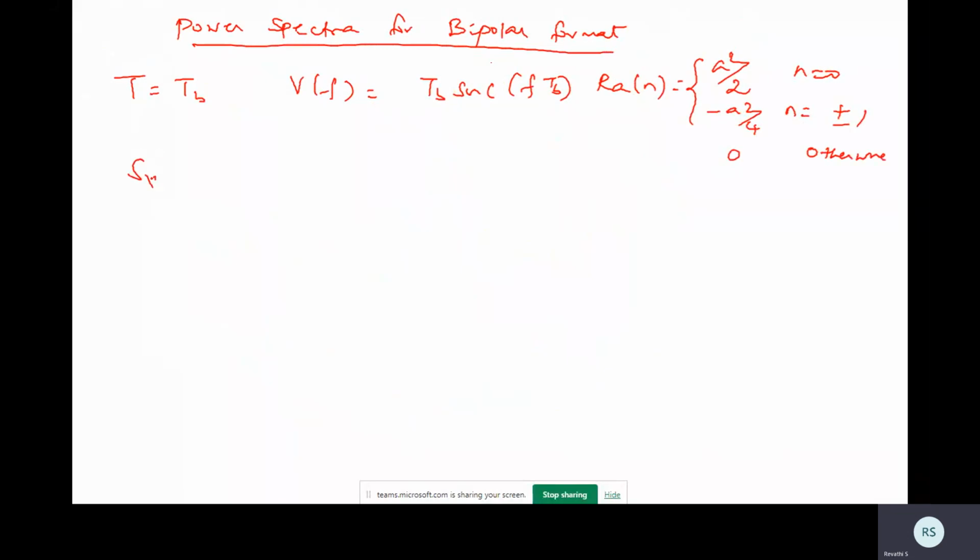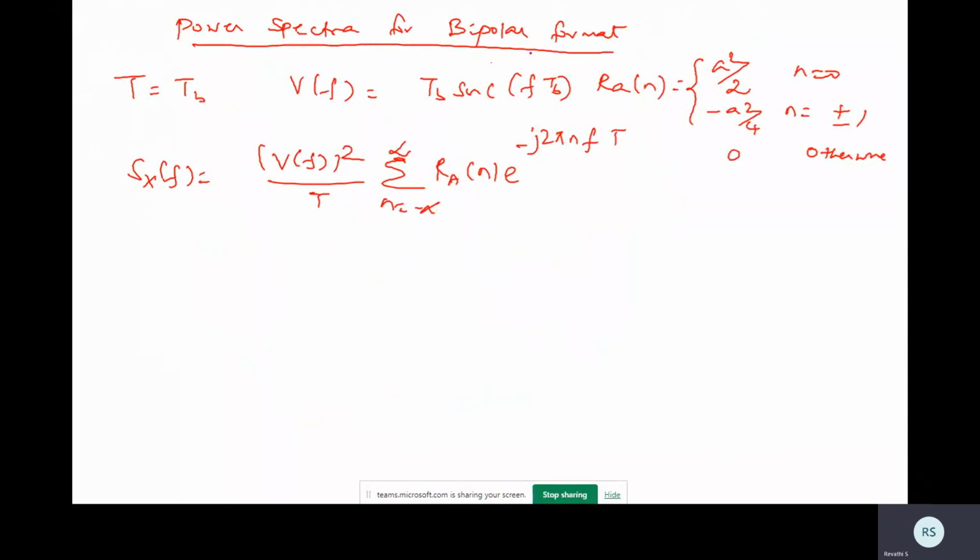So general formula Sx of f is nothing but V of f modulus the whole square by t summation n equal to minus infinity plus infinity RA of n e power minus j 2 pi n f t. Okay, substitute t equal to tb.